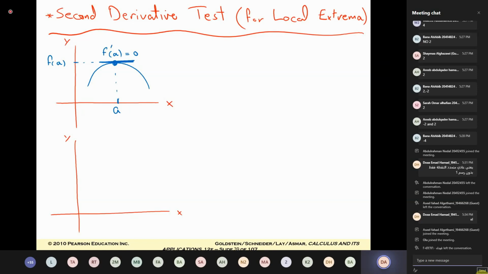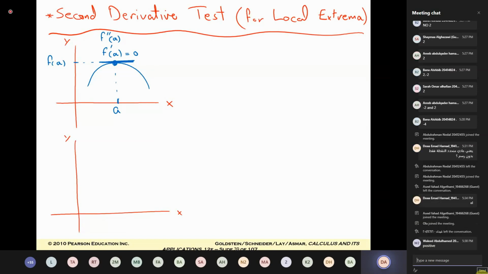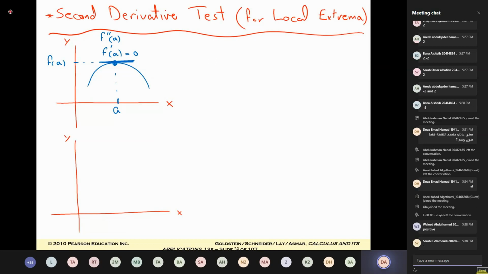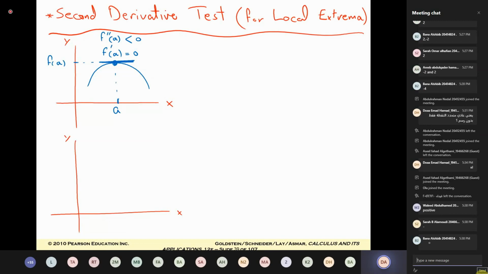Okay. Also, A in the interval where f double prime is positive or negative. We have the curve concave down, so A in the interval where f of x is concave down. When we substitute this A in f double prime, we have this is less than 0, negative, not positive, negative.